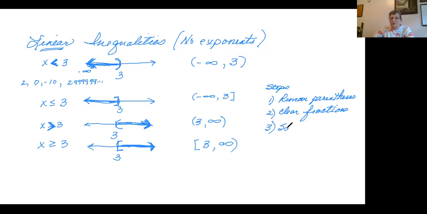You want to sort your terms. And by this, I mean get all the like terms together on one side, the variables on one side, and the non-variables or the constants on the other side. And then you divide by the coefficient.